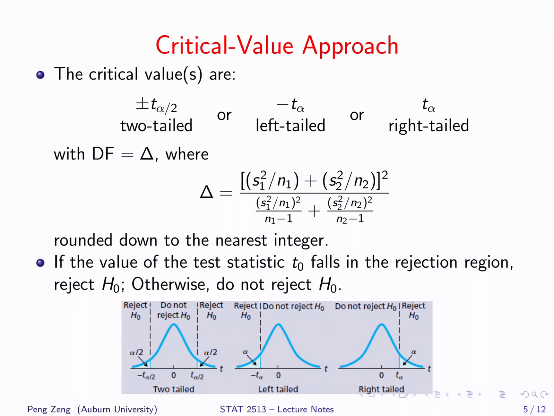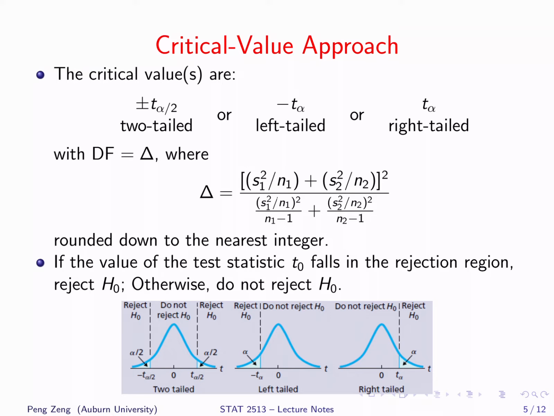We can continue with the critical value approach or the p-value approach. When using the critical value approach, the choice of critical values depends on the type of alternative hypothesis. For two-tailed tests, there are two critical values, plus or minus t alpha over 2. The rejection region is less than negative t alpha over 2 or larger than t alpha over 2. For a left-tailed test, the critical value is negative t alpha.